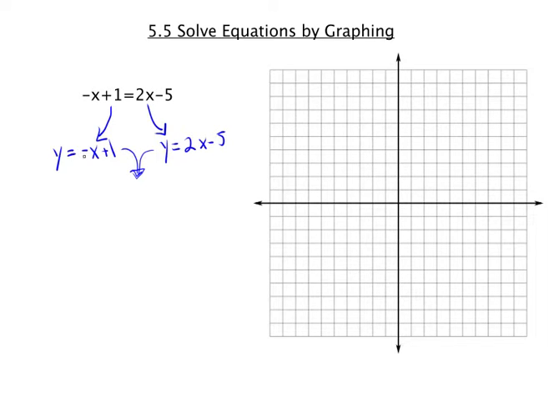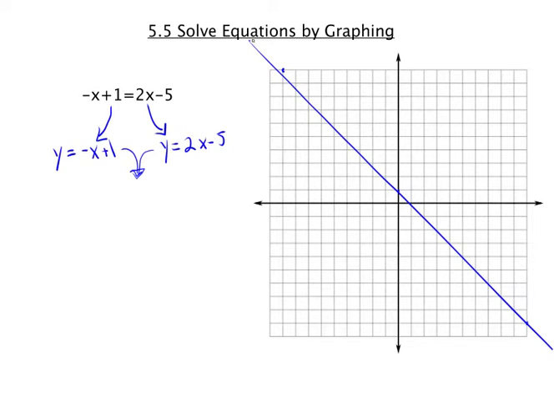So solve by graphing. We set each side equal to y equals. And when we have y equals negative x plus 1 y-intercept, so my line will be a negative slope, and we'll graph those on your graph, making sure our points line up very accurately.